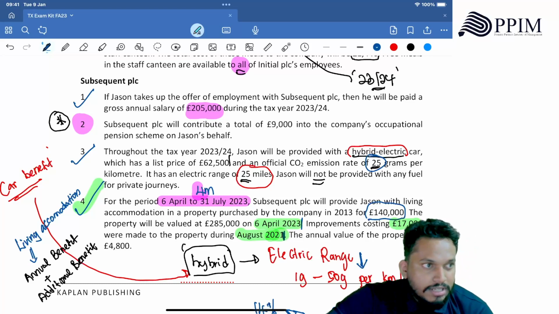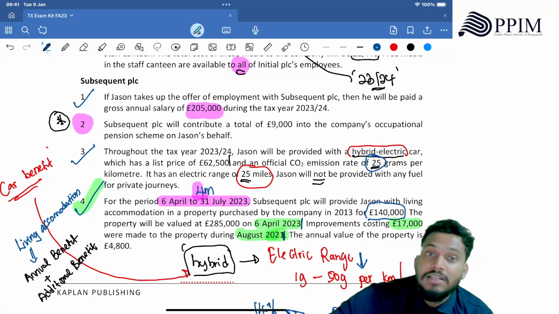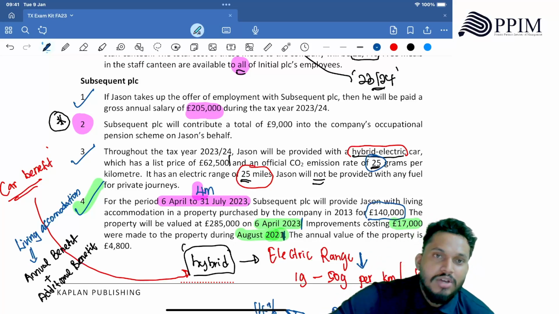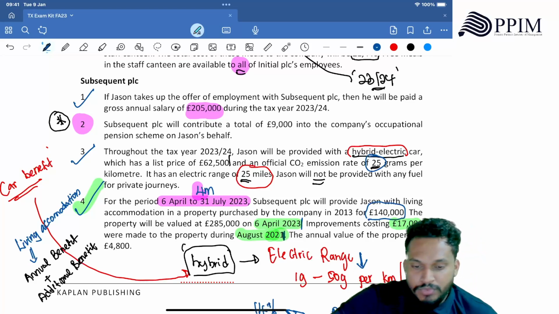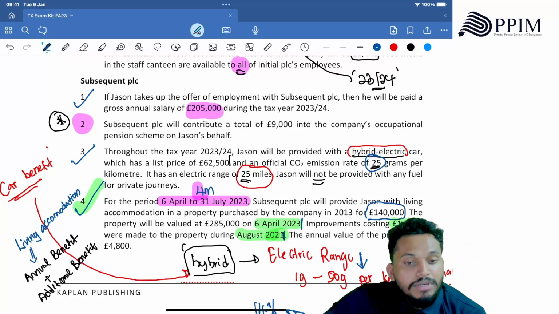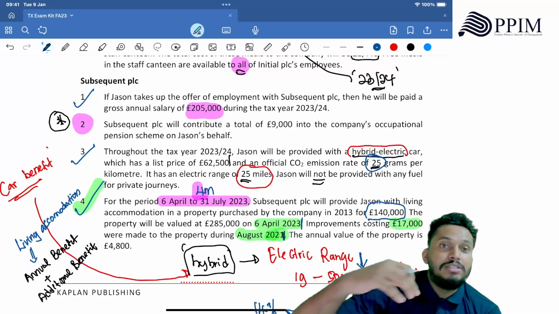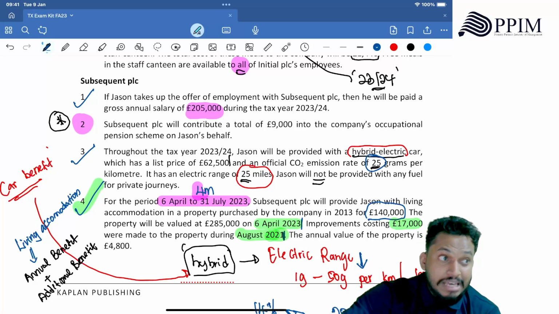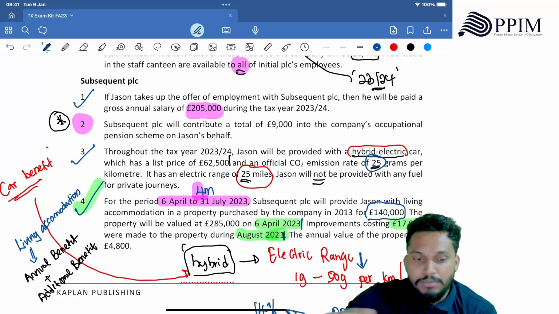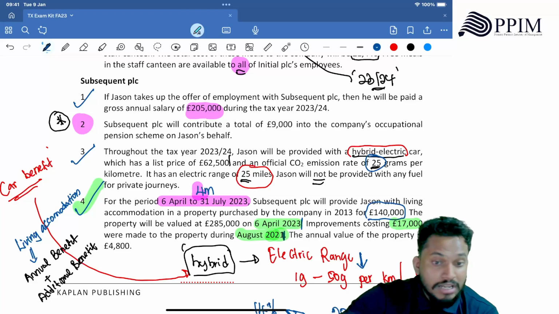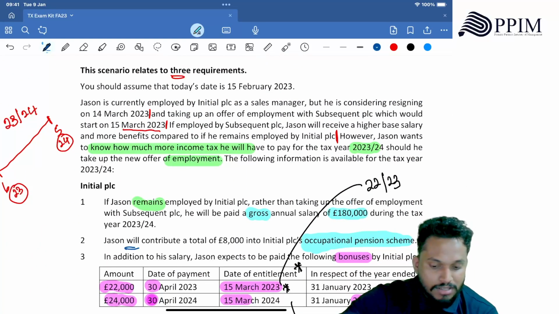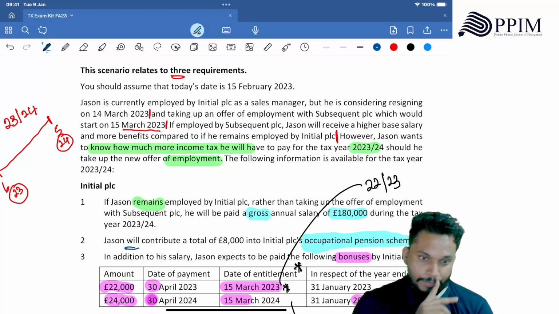Did you understand the difference between the previous sentence and this sentence? I thought you would catch it, because I already read that for you. Fine. Since subsequent PLC will contribute 9,000 into his occupational pension scheme, this money is not taxed to him. Are pension contributions taxed? No, it is exempted. Here, since he is contributing, that is why it is being taxed. Did you understand that point? That is very important.